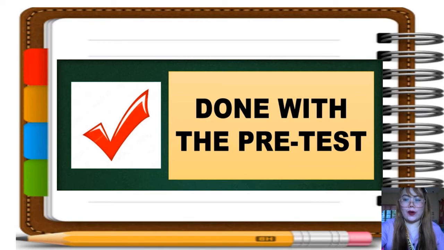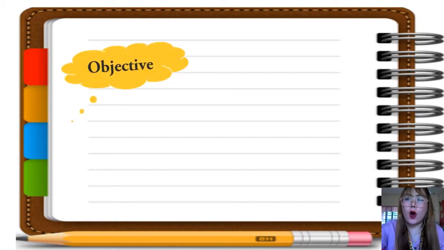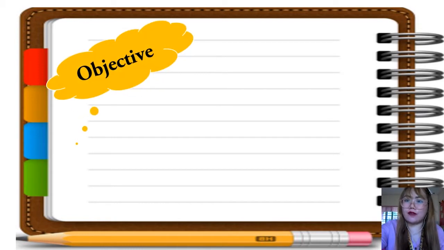Well done, learners! I guess you are now ready for our next lesson. What do you think would be our lesson for today? This time, we will discuss another lesson which is about earthquakes, epicenter, and magnitude. We hope that you will be able to achieve our objectives for today. What would be our objectives?